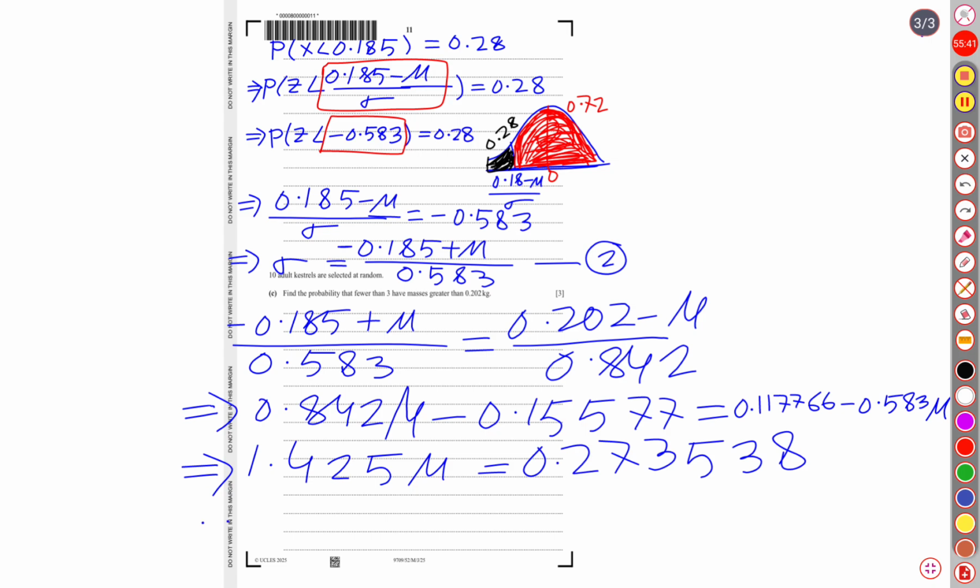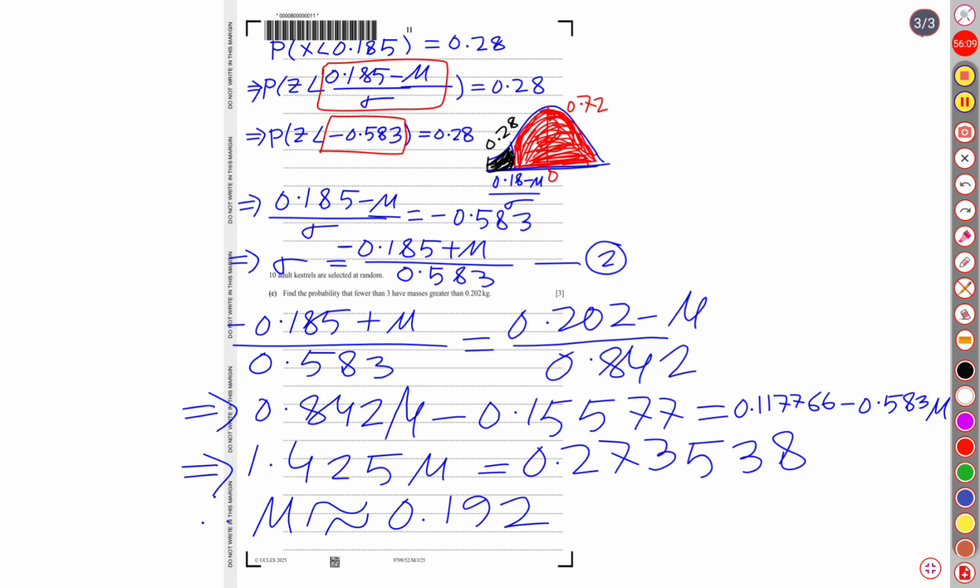Hence, our mu, if we divide it by 1.425 and round it up to three significant figures, will be 0.192. Okay, this is the value of our mu.